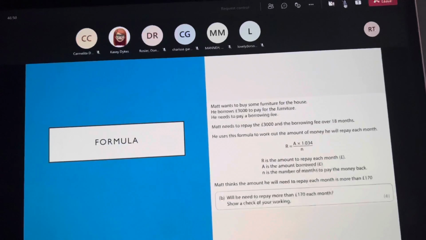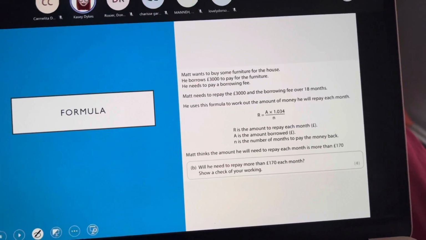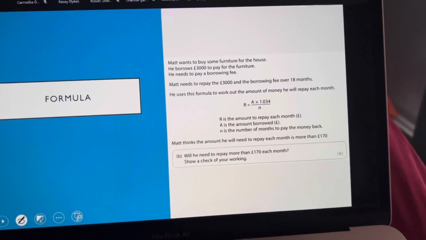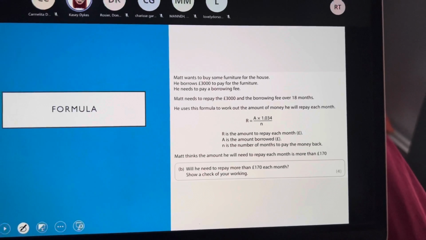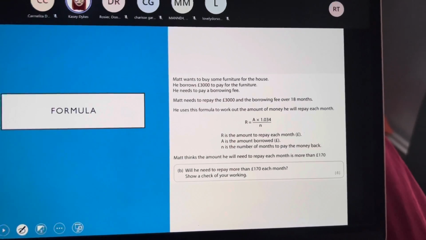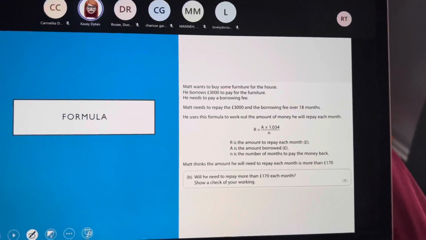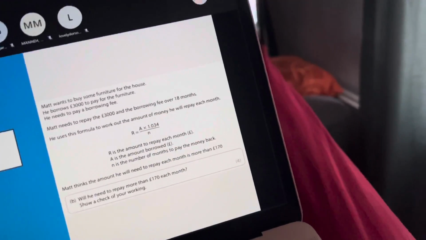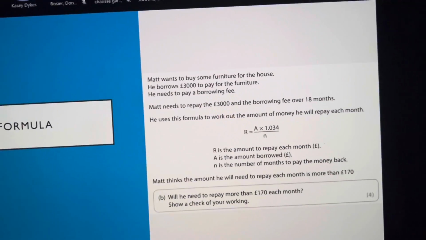Okay. Another formula question. So this time we've been given a proper formula to work with. So Matt wants to buy some furniture for a house. He borrows £3,000 and he needs to pay a borrowing fee. He's going to repay the £3,000 and the fee over 18 months. And he uses this formula to work out the amount of money he will need to repay.